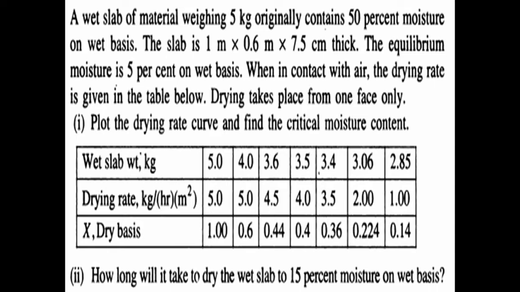Second question, how long will it take to dry the wet slab to 15% moisture on wet basis? So the second question is, what is the time taken for drying the material from 50% to 15%? Are you clear or not? Okay, on wet basis.